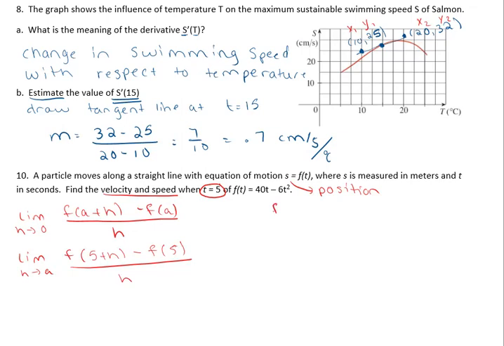I'll do it over here. So we have f of 5 plus h. So that'll look like 40 times 5 plus h minus 6 times 5 plus h quantity squared. So 5 plus h quantity squared really means 5 plus h times 5 plus h.